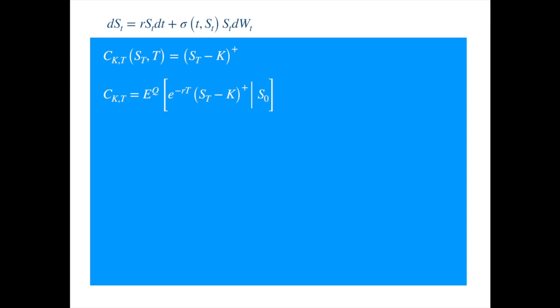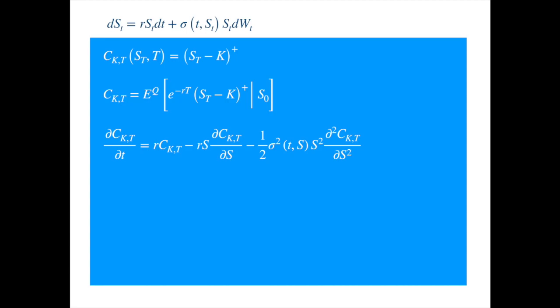Now we are in Feynman-Kac territory. We know their theorem establishes the connection between the representation of the price in terms of the conditional expectation and in terms of the partial differential equation. If we assume that the process S is defined by the local volatility SDE, we can write the PDE as follows.